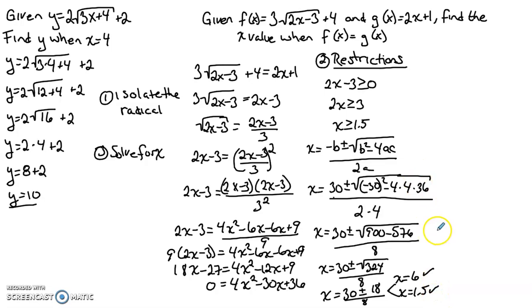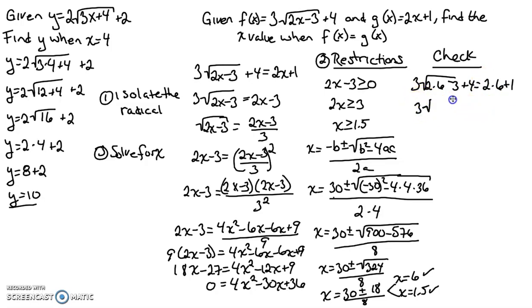They both fit within our restrictions, but we also need to plug these back into our equation and check to make sure that we get a real answer. So to check, let's check our 6 first. We'll take our very original function where f of x equals g of x, and we'll substitute in x equals 6. So 3 times the square root of 2 times 6 minus 3 plus 4 equals 2 times 6 plus 1.